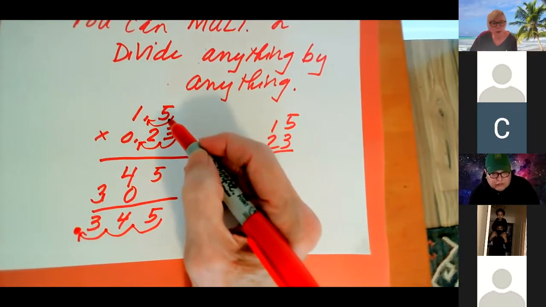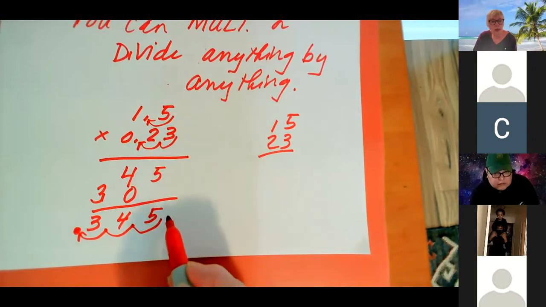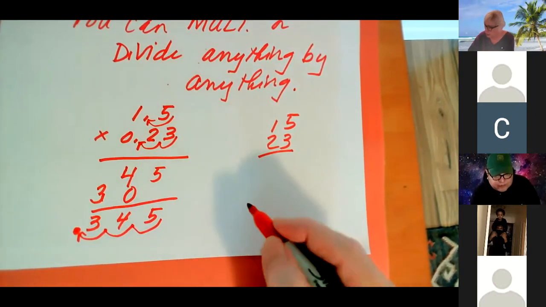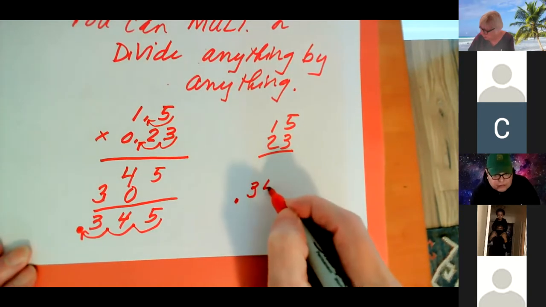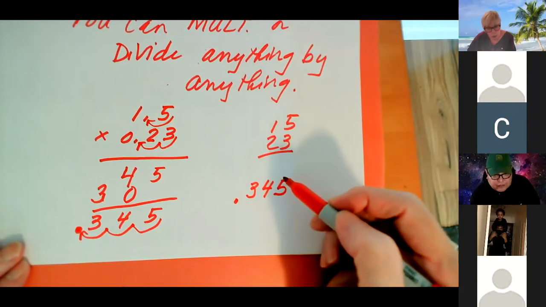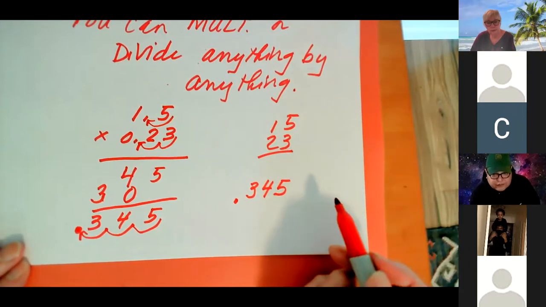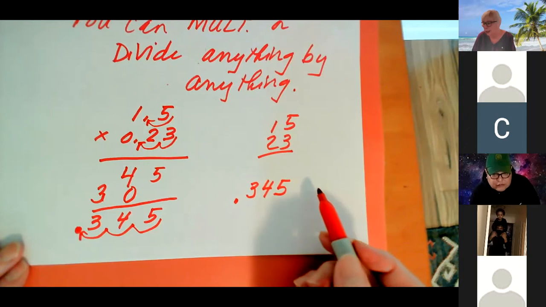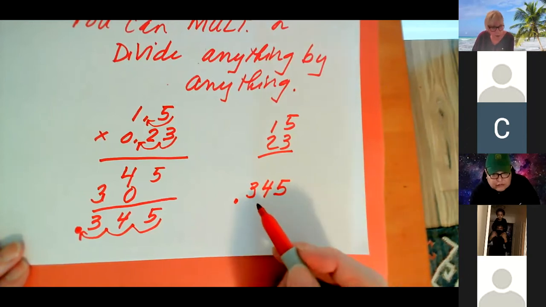So this was 1 decimal place. This was 2. The result when we multiplied is 3. Is this my final answer? 345 thousandths.